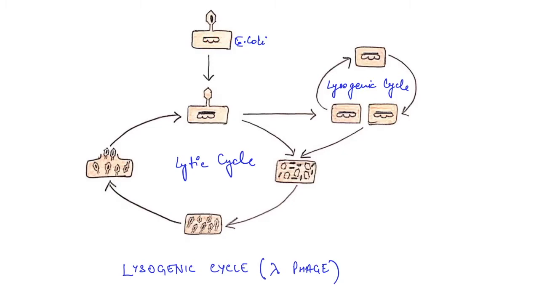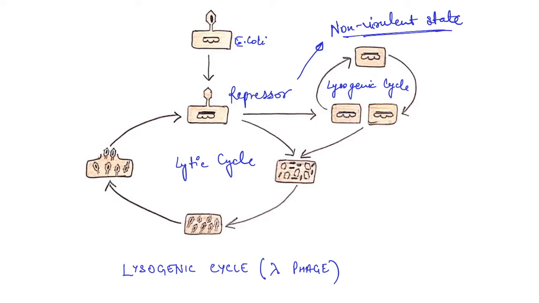And what it does is produces a repressor, and undergoes a non-virulent state. So in the case of lytic cycle, it enters a virulent state, and in the case of lysogenic cycle, it enters into a non-virulent state.